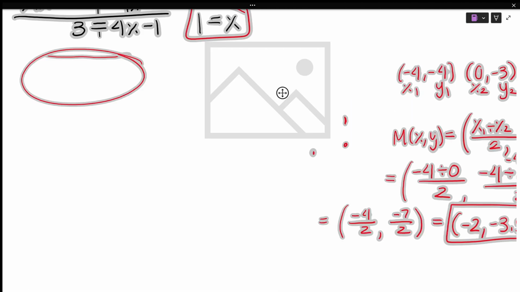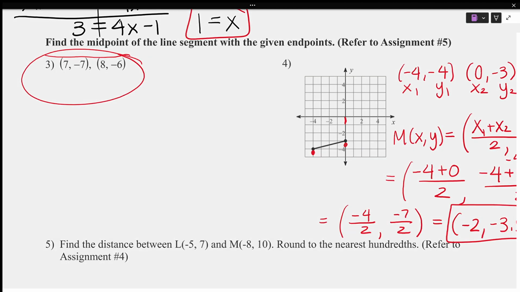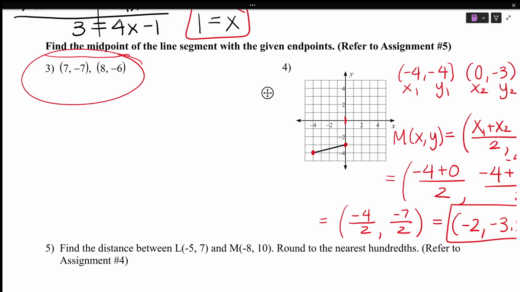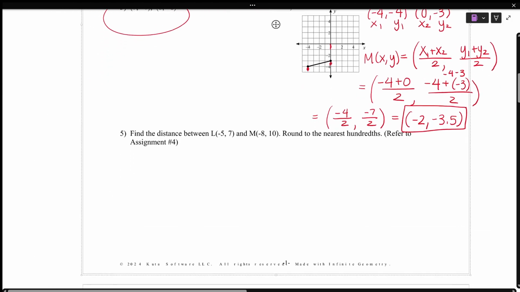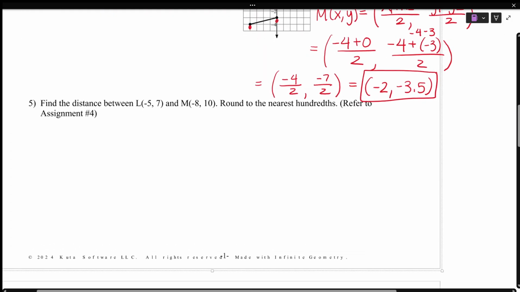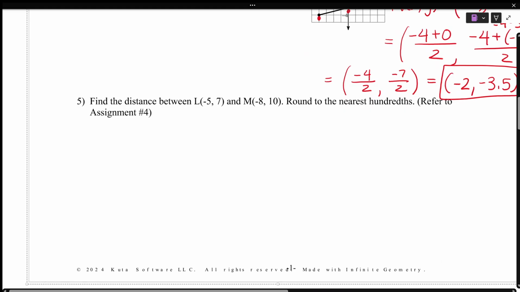Okay, let's do number 5 here. Now we're working with the distance formula, right? So it's kind of similar to the midpoint stuff, but the distance formula is a different formula. So the formula looks like this.